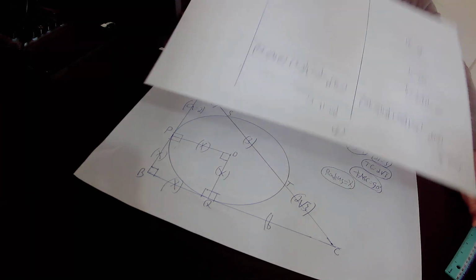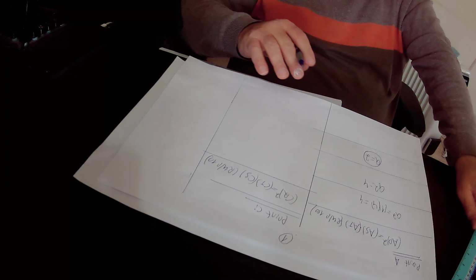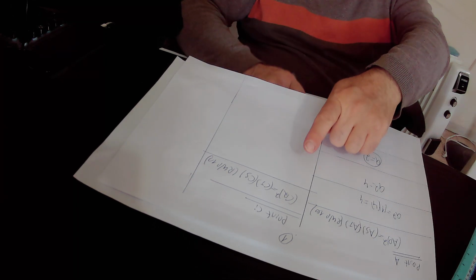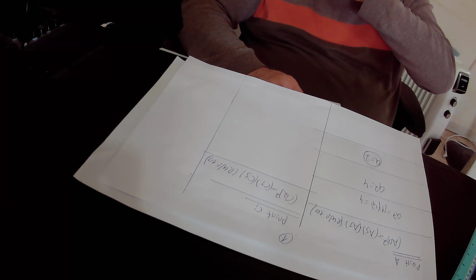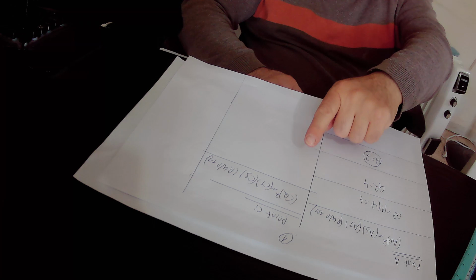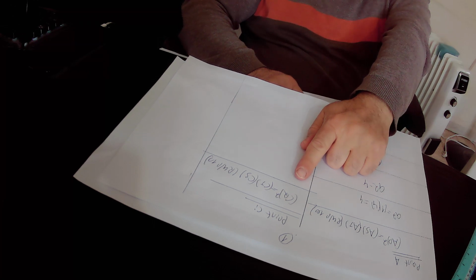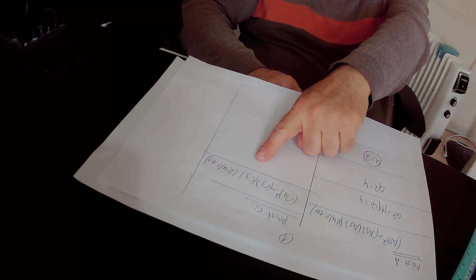Repeat again. If we focus on our drawing on the point C, we can implement rule 10. According to rule 10, CQ squared equals CT times CS.